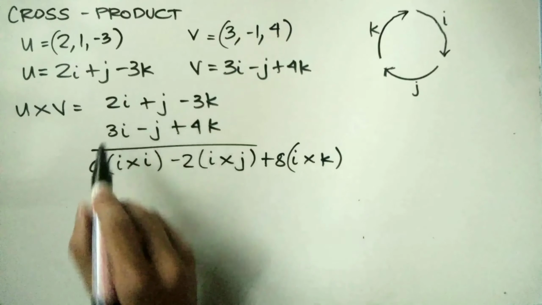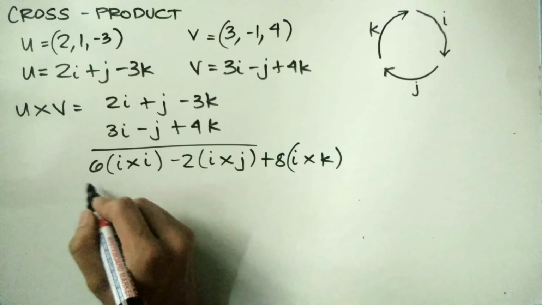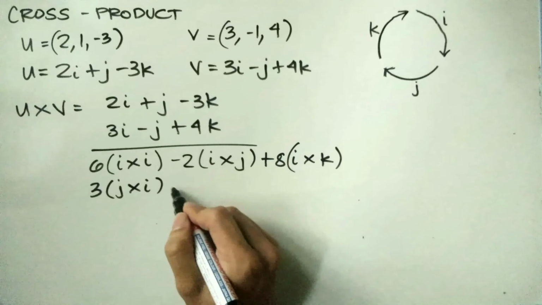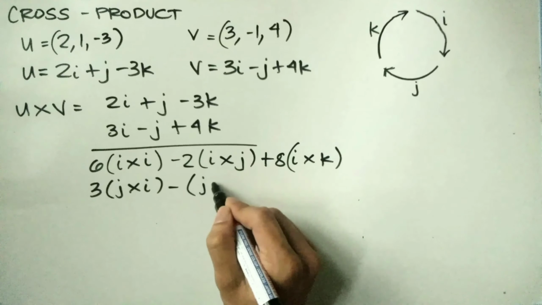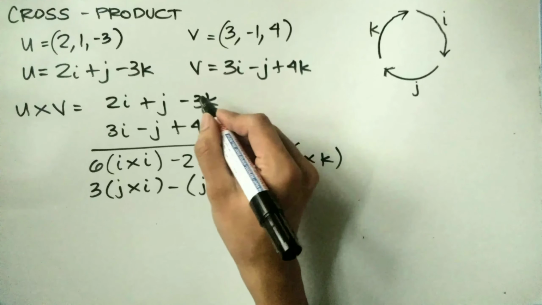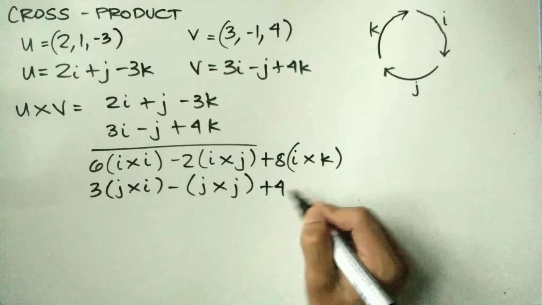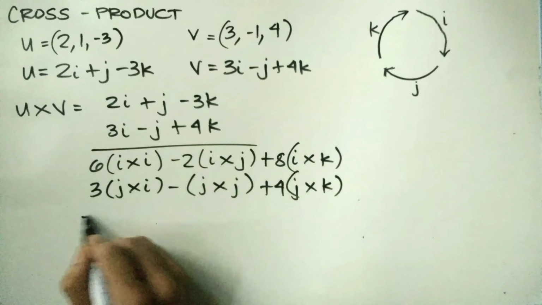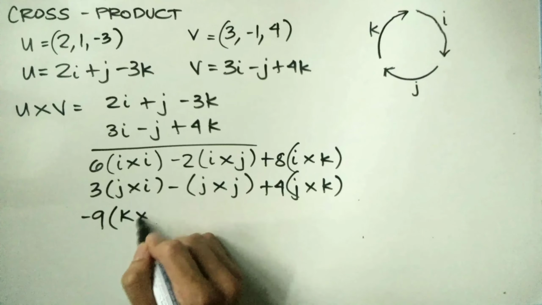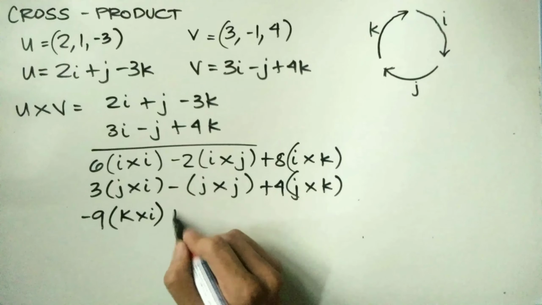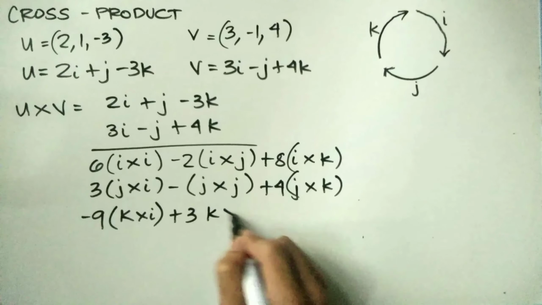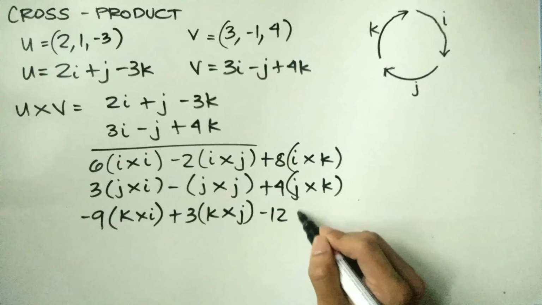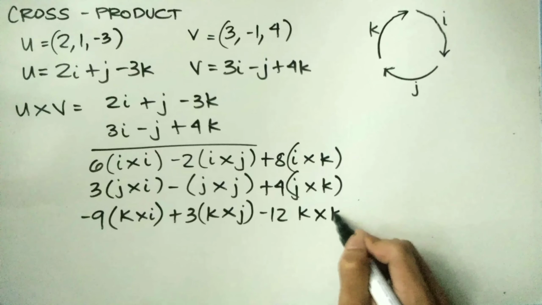Then we have here j times 3i. This is 3 times j cross i, negative j cross j, plus 4 j cross k, negative 9 k cross i, positive 3 k cross j, negative 12 k cross k.